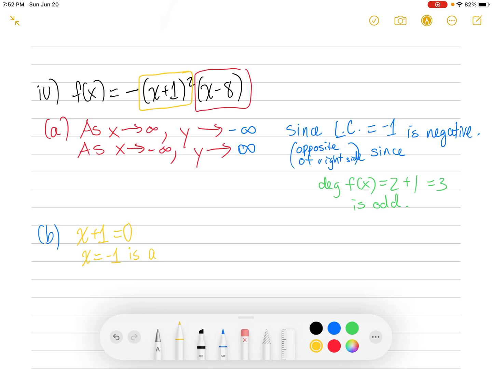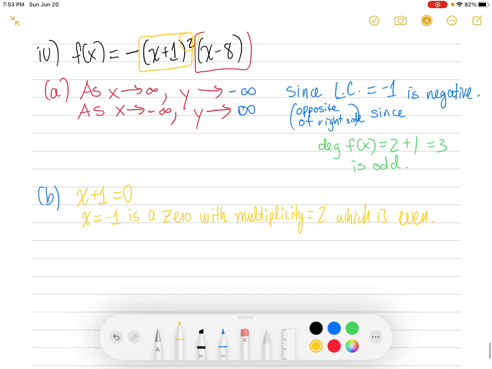Or we'll just say a 0, rather than a real 0. You could say it's a root. You could say it's an x-intercept. However you want to say that. X equals minus 1 is a 0 with multiplicity 2, right? That's that power up there, 2, which is even. So that's indicative of kissing at -1, right?